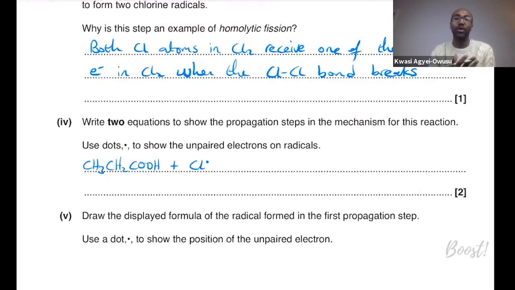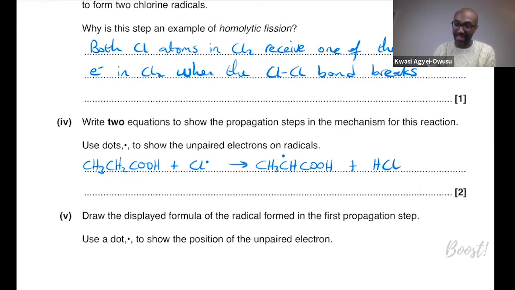In all propagation steps, you've got a radical species and a non-radical species, and in this step, you will end up forming this CH3CHCOOH radical. We can put the dot on that carbon. It can appear anywhere on this intermediate, and of course HCl.